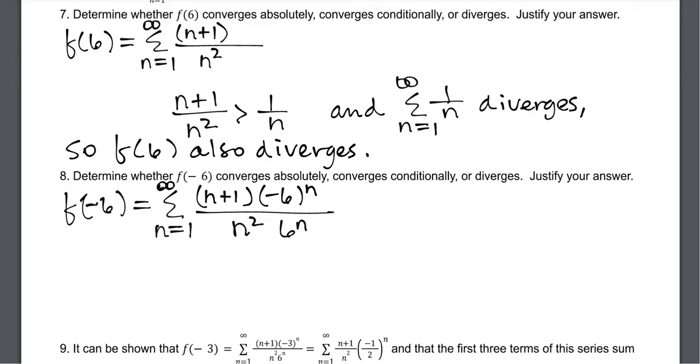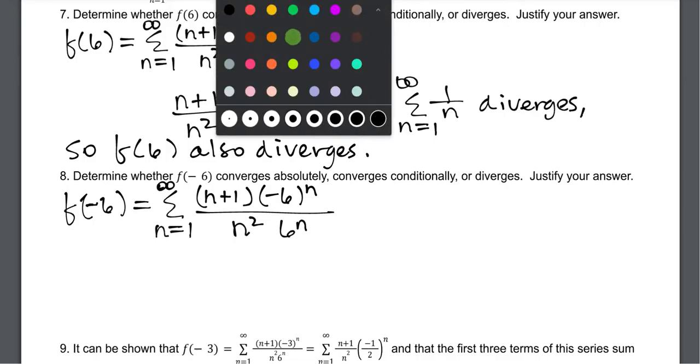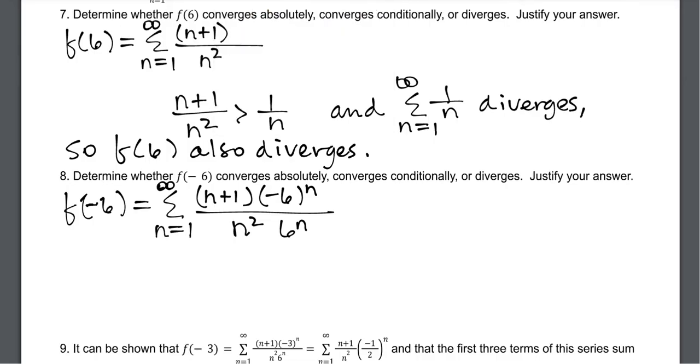Now I'm going to take these terms off to the side and investigate them. Or actually, maybe I'll just take the 6 to the n's. So I'm going to say negative 6 to the n over positive 6 to the n. The exponent does distribute over multiplication and division, but it does not distribute over addition and subtraction.